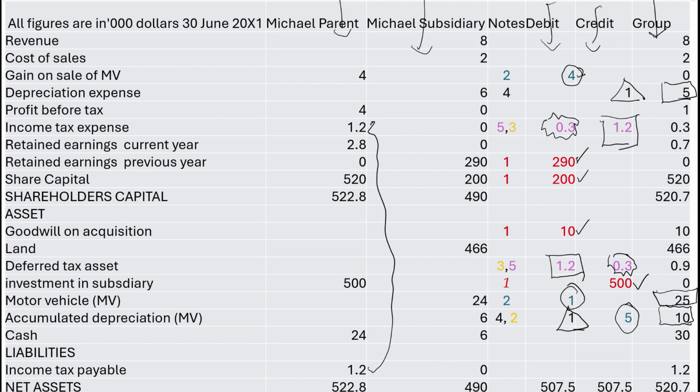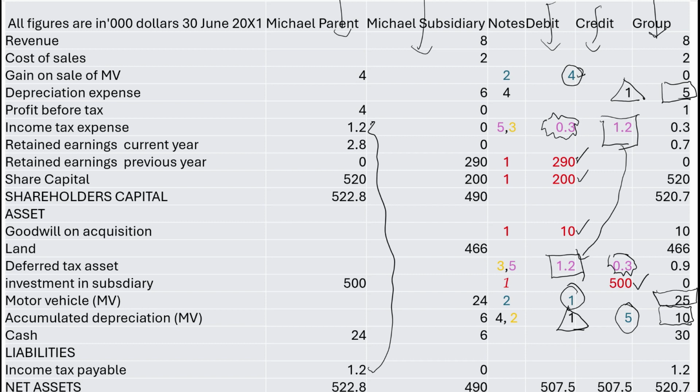Because there has been no sale to an outside party, because this is an intra-group transaction, we have to now eliminate the income tax expense, because that income tax expense should not belong there. So it gets deferred, and that deferral is the deferred tax asset. So that's $1,200.